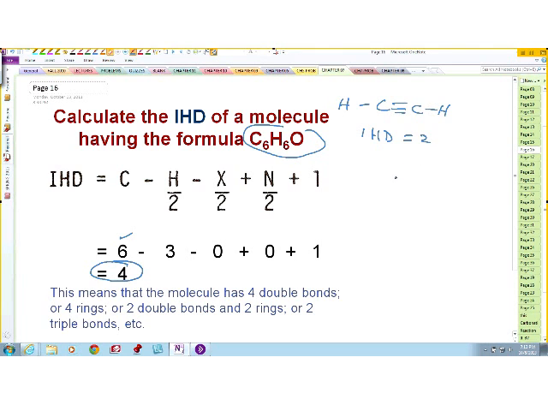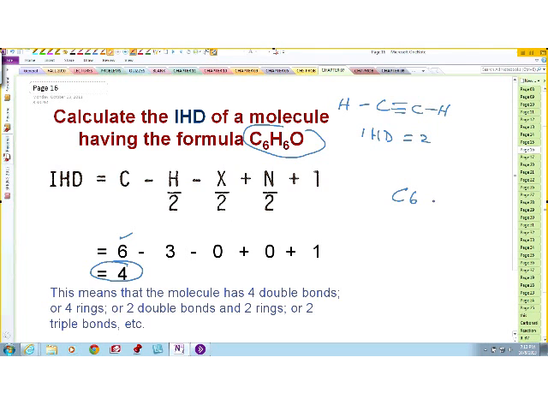The double bond gives you an IHD of 1. The ring gives you an IHD of 1. So if you have an IHD of 4, you could have a combination of rings and double bonds or triple bonds. Okay, so now let us do this problem here.